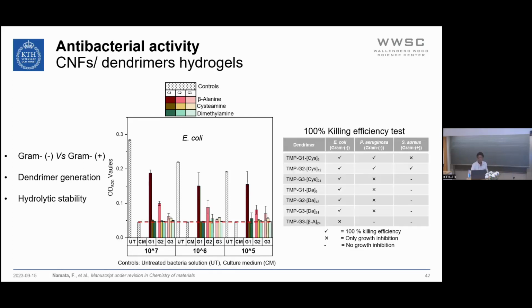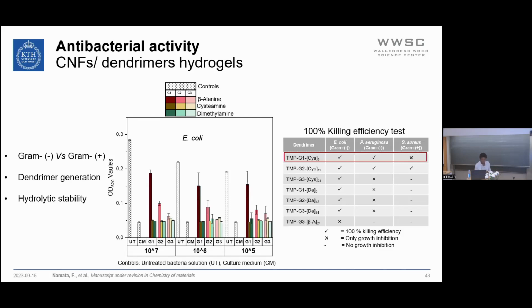From this test, we then wanted to confirm: are we killing the bacteria with 100% efficiency, or are we just inhibiting the bacteria? And here's just to amplify the similar trends that we've seen before, with the gram-negative bacteria, for example, with the G1, it killed with 100% efficiency.